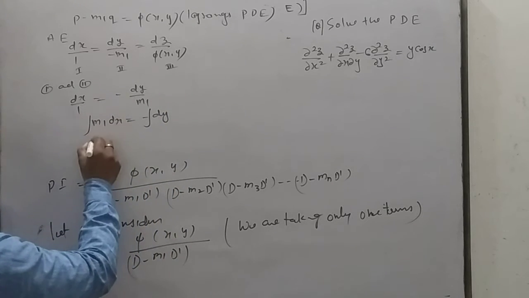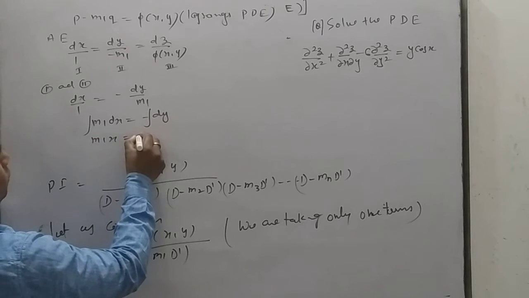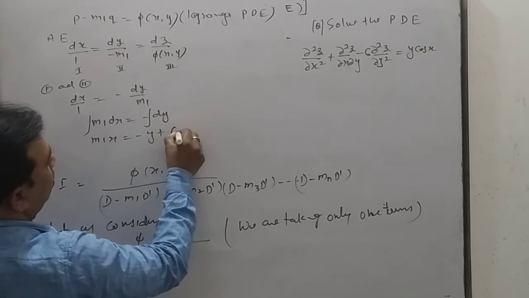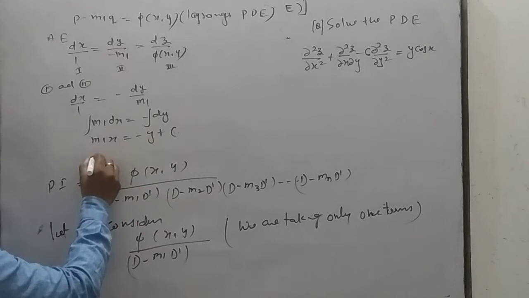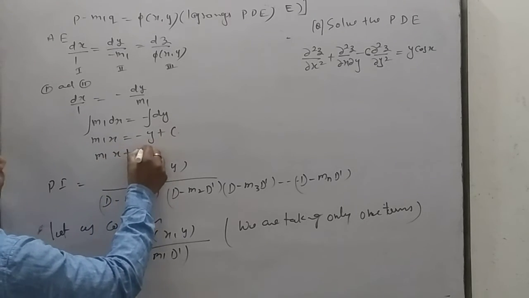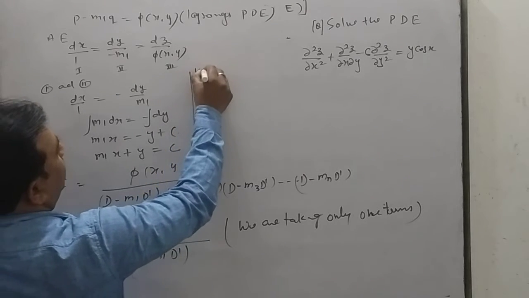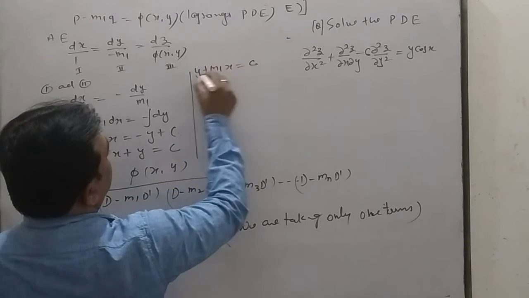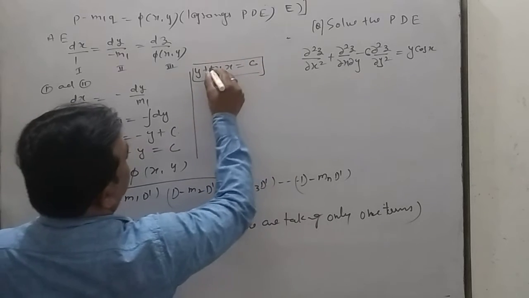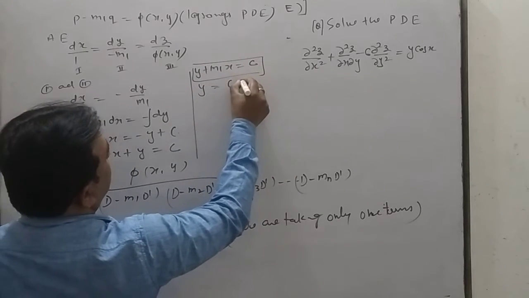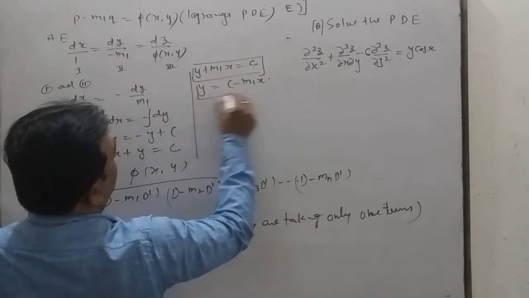After integrating, m1 x equal to minus y plus c, so y plus m1 x equal to c, which gives y equal to c minus m1 x.